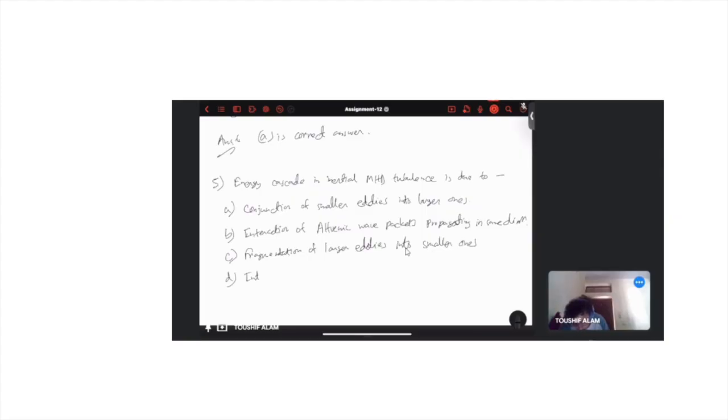Option D, interaction between counter propagating Alfvén wave packets.